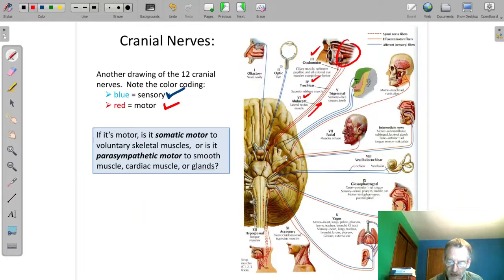And olfactory and optic are sensory only, so they're blue. That's the idea. And you can just kind of walk your way through that. And I have a note in a blue box. If it's motor, is it somatic motor to voluntary skeletal muscles, or is it parasympathetic motor? So when you're looking at these motor pathways, is this somatic motor, or is it smooth muscle, visceral motor?